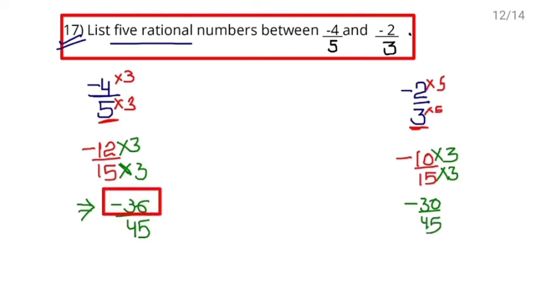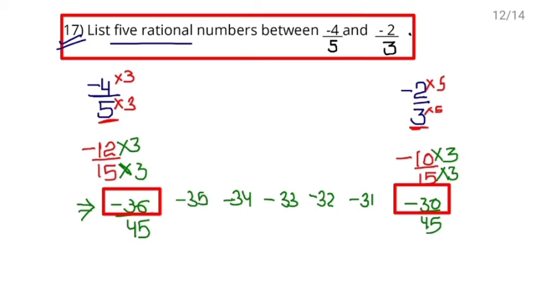Now check the numerators. अब न्यूमरेटर्स को चेक करते हैं. क्या 5 इंटीजर्स आ रहे हैं न्यूमरेटर्स के बीच में? -31, -32, -33, -34, -35. Yes, we are getting 5 integers between -30 and -36, which are -31, -32, -33, -34, -35, right?